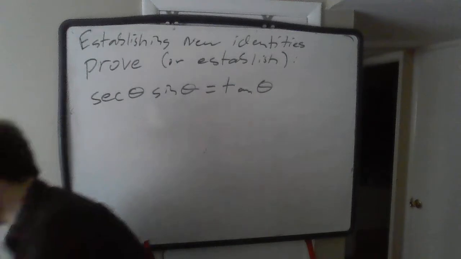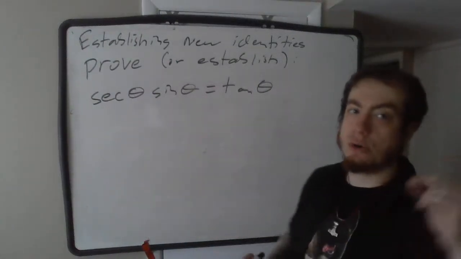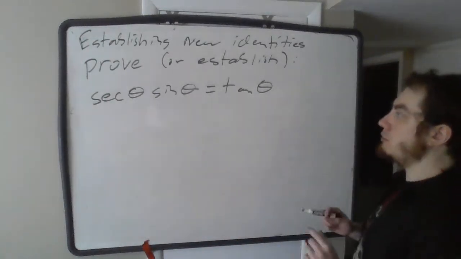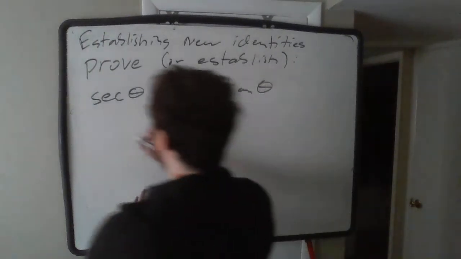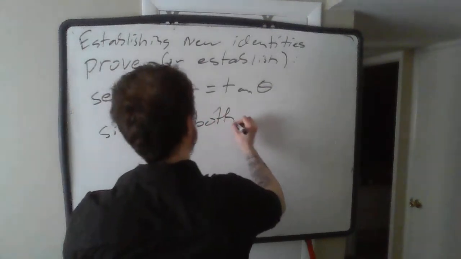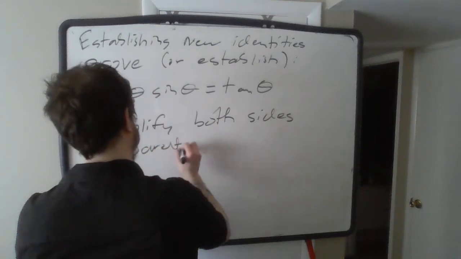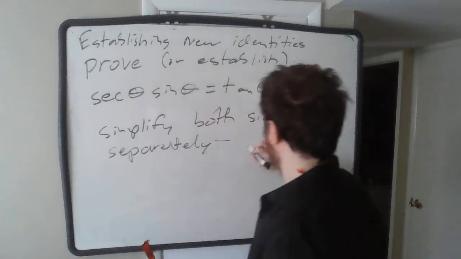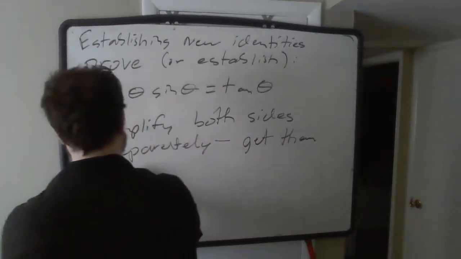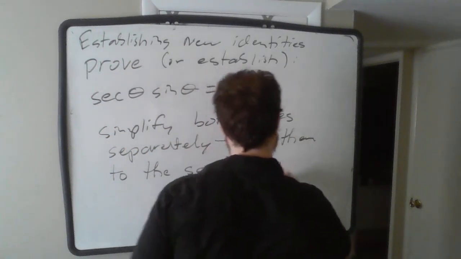Now, the general approach to these kinds of problems, because there is no one fixed thing you're always going to do, is to simplify both sides separately and get them to the same thing.